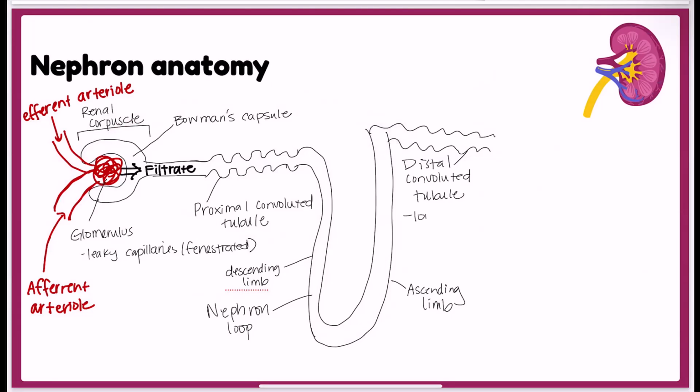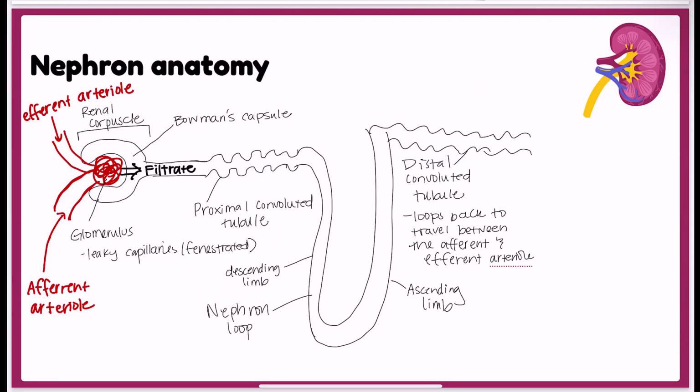So this loops back to travel between the afferent and efferent arteriole. Just so we know. We'll see a picture of that a little bit later.